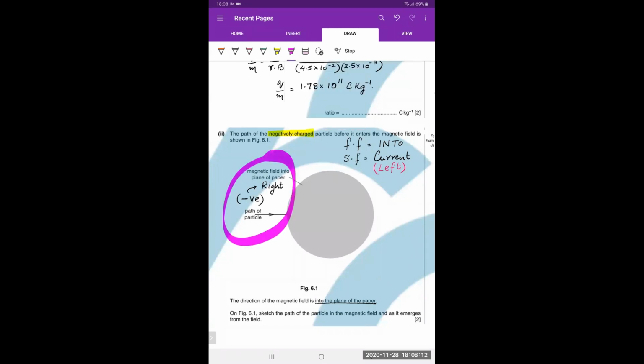If negatively charged particles are going to the right, current, which is the flow of positive charges, must point to the left. Try pointing the first finger into the screen. Try pointing the second finger to the left of the screen. If you point the first finger into the screen and the second finger to the left of the screen, as I said, you will have to rotate your wrist and hand. You would expect your thumb to be pointing towards the bottom of the screen.